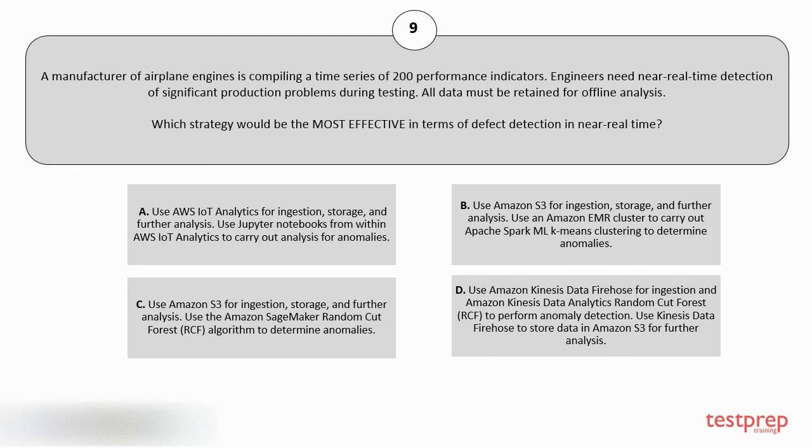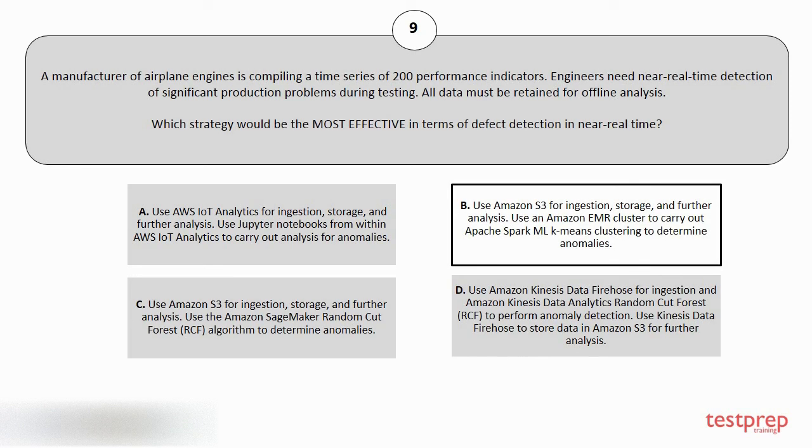C. Use Amazon S3 for ingestion, storage, and further analysis. Use the Amazon SageMaker random cut forest algorithm to determine anomalies. D. Use Amazon Kinesis Data Firehose for ingestion, and Amazon Kinesis Data Analytics random cut forest to perform anomaly detection. Use Kinesis Data Firehose to store data in Amazon S3 for further analysis. The correct answer is option B.